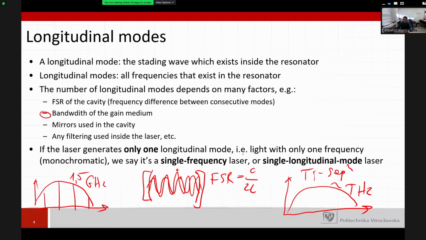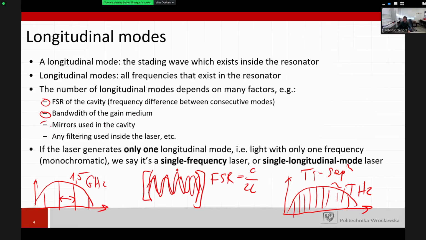So if the mode spacing is like 100 megahertz, for example, then we will have only a few modes here, but millions of modes there. So the FSR of the cavity will also influence the number of modes, because if the FSR is smaller, then we have more longitudinal modes.